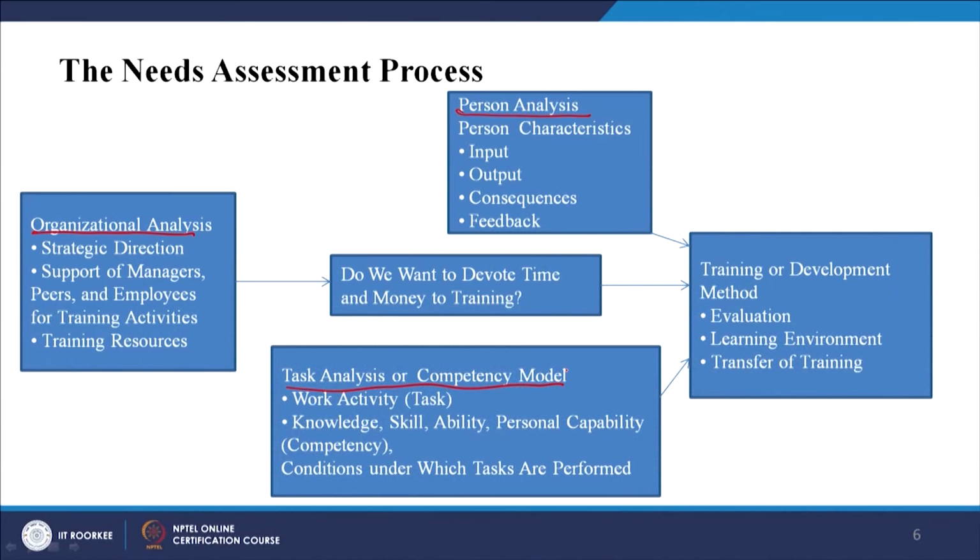Support of managers is very important; unless there is support of managers, we will not have that style of functioning and will not be able to give the output. Then the peers and employees for training activities: we will see how an organization provides all this context.